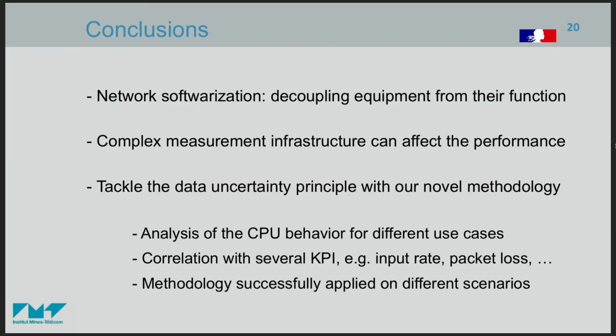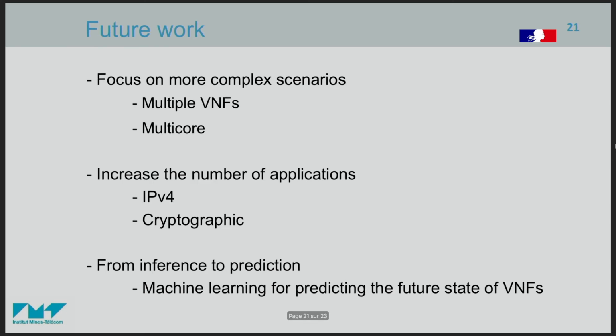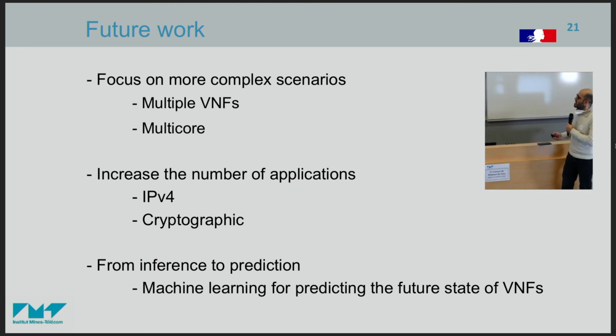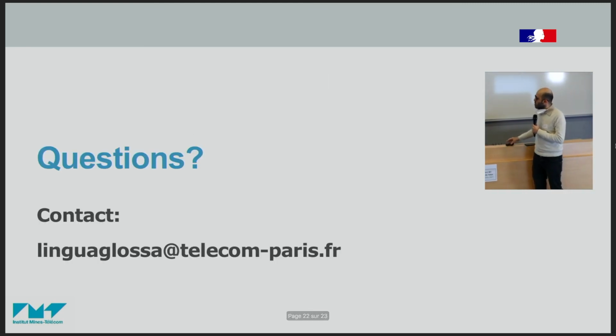And we tried to tackle those by reducing the size of the ML problem by looking at indirect data. We focused on very simple functions, but we are now trying to go towards more complex scenarios and increase the number of applications. And so this is the conclusion of the talk.